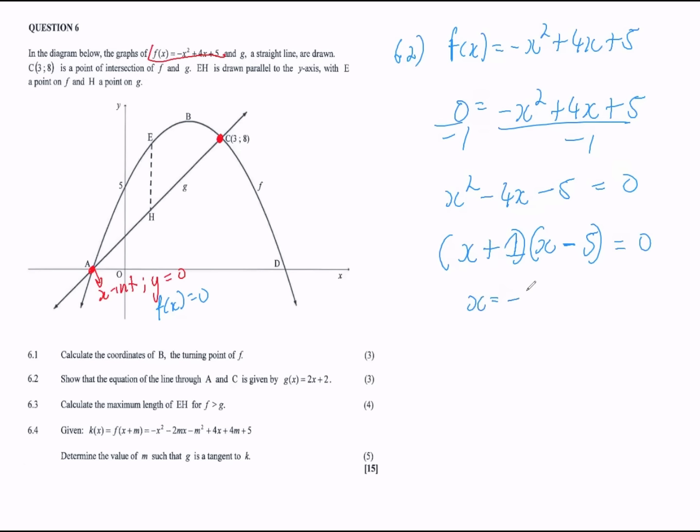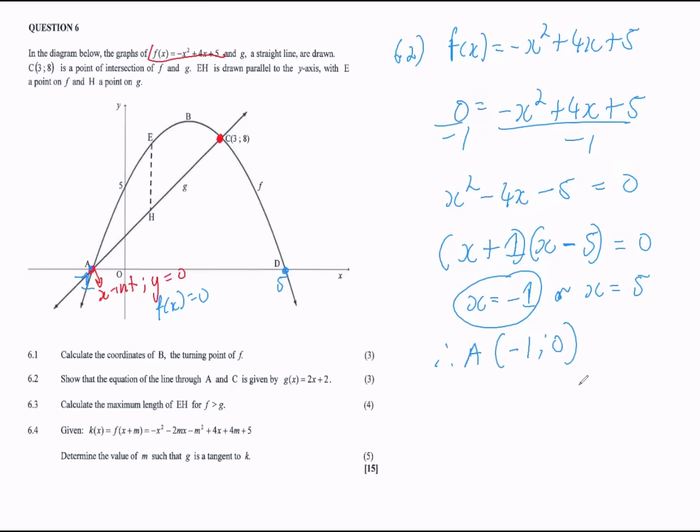So our x is either equal to negative 1 or our x is equal to 5. Now, based off of this, we can tell that D is the one that is supposed to have positive 5. And then A, because it's here on the negative x-axis, is the one that should have negative 1. So we want to go with that one.